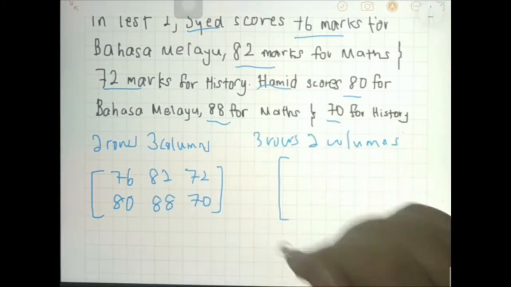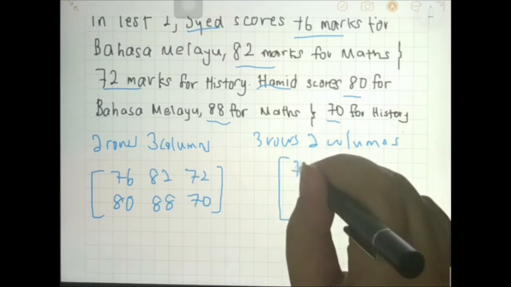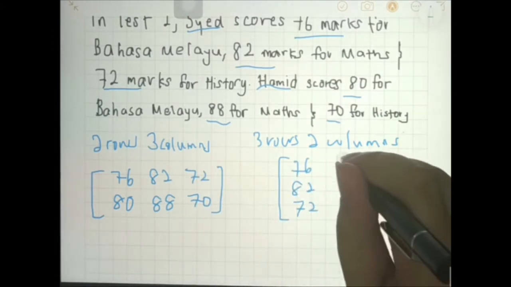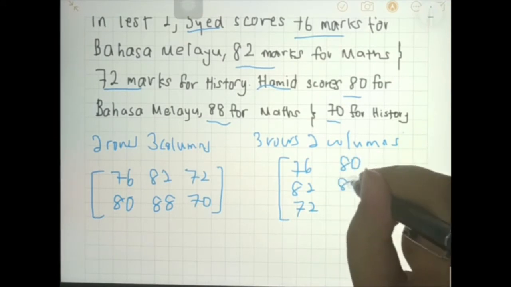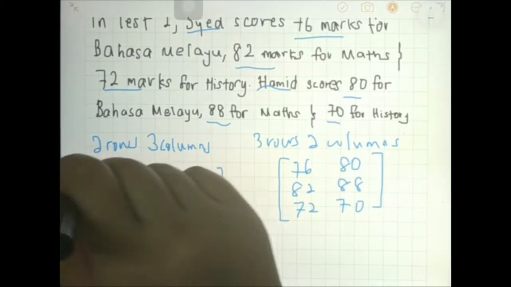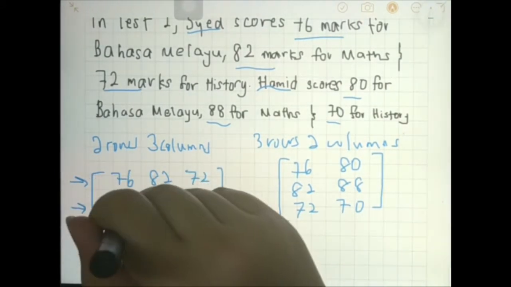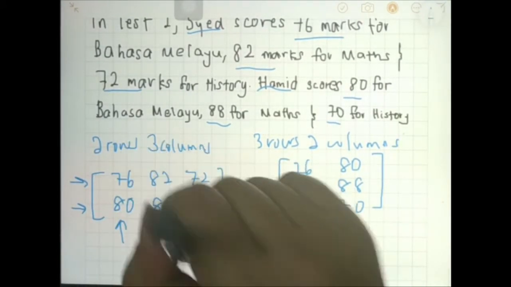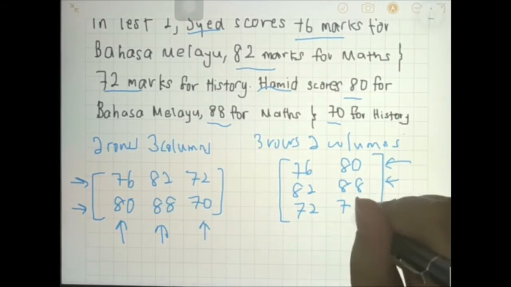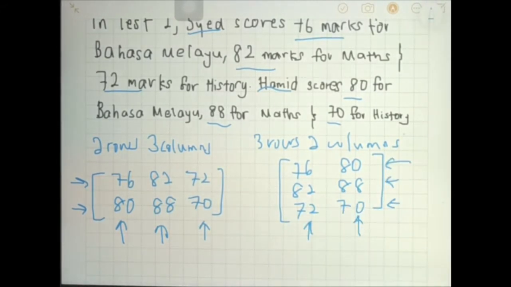Or we can write it like this: 76, 82, 72, 80, 88, 70. So the rows in this one represent Syed and Hamid, and the columns represent the marks. But for this one, the rows represent the marks, and the columns represent Syed and Hamid.